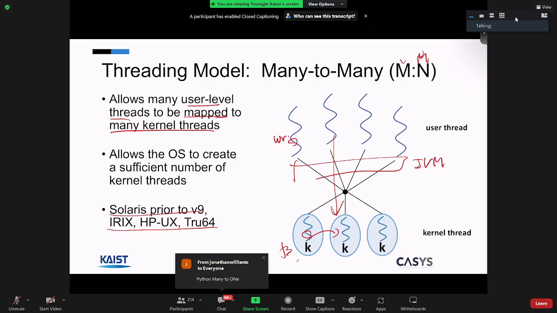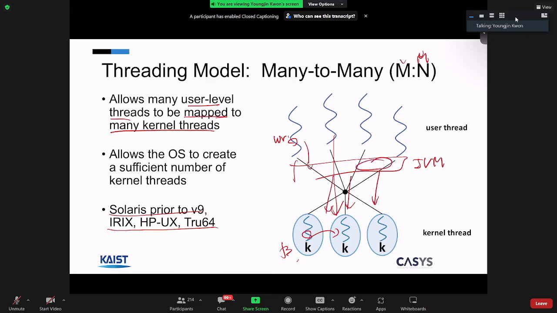In Java, you can create a Java thread, and then the JVM runtime invokes kernel threads underneath. So the JVM is a typical many-to-many model. The JVM has its own scheduler, which schedules user-level threads onto kernel-level threads, and then the kernel scheduler schedules them to a specific core.